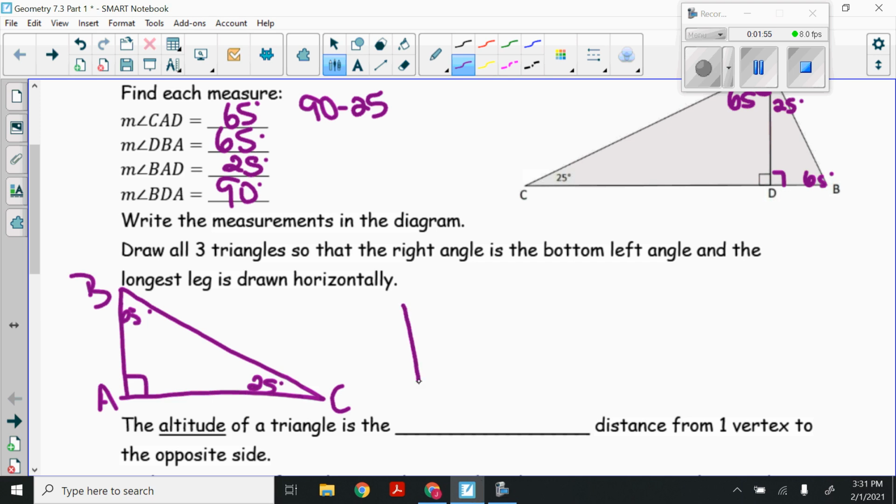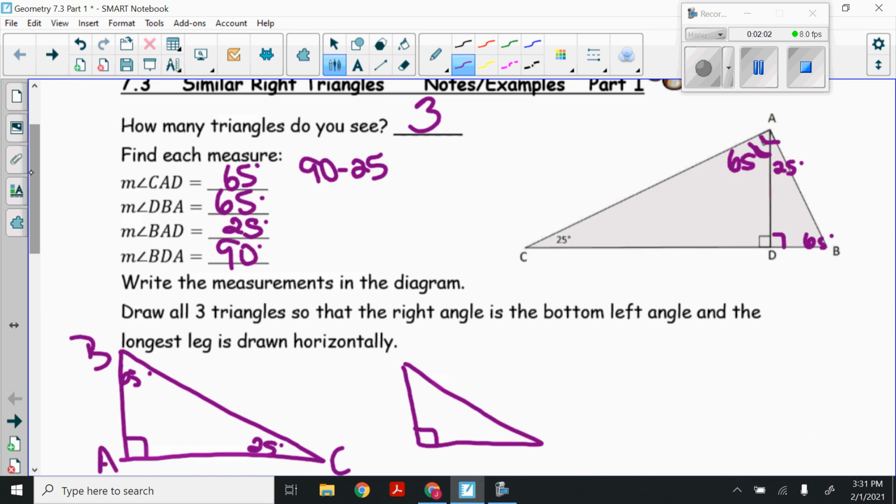So then we're going to do the next one. So that's going to be this triangle that's got A, D, and C in it. Okay, again, this is angle D, C, this is 25 degrees, this is A, 65 degrees. And finally, that little bitty one.